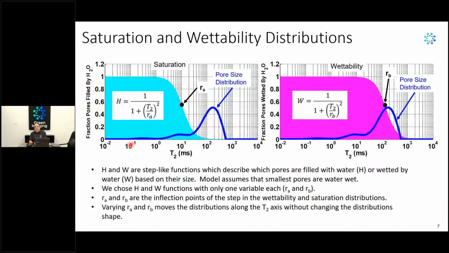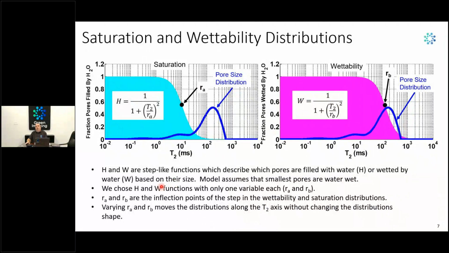So now I'll just talk a little bit about these H and W functions. These H and W functions are basically step-like functions which describe which pores are either filled with water, in the case of the H function, light blue shown here, or wetted by water, in the case of the pink function shown here.